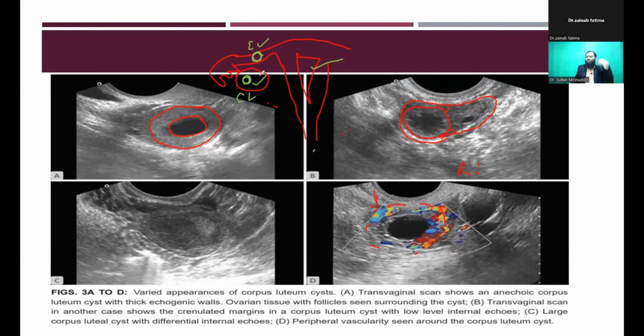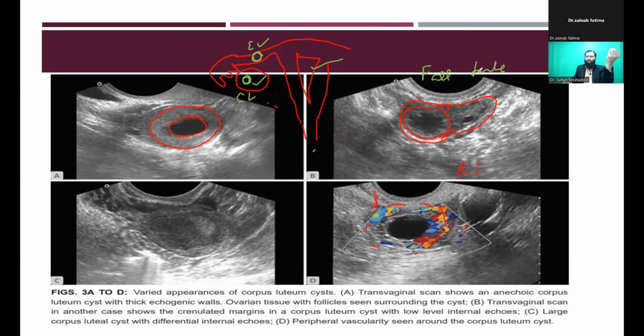Now, which is the most common ectopic to take place? Is it ovarian ectopic or fallopian tube ectopic? The answer is, it is fallopian tube ectopic. Very good, Neha. So everyone is very clear that it is the fallopian tube ectopic which is very common.